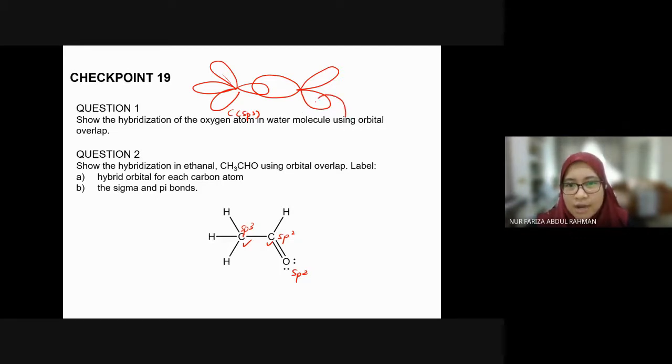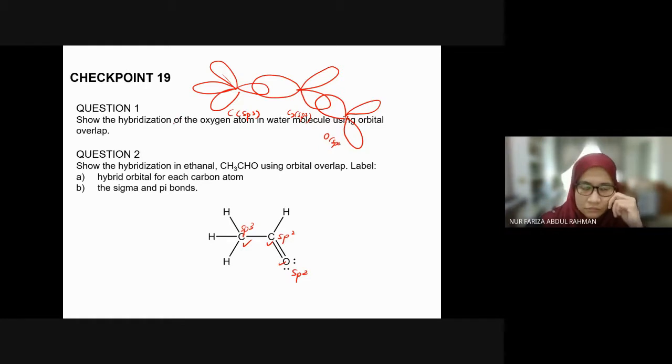Okay. 1, alamak besar pula. 2, 3. Ish, buruknya. Okay, alright. So, done for oxygen. Now label oxygen is sp2. Second carbon is sp2. Okay, alright.